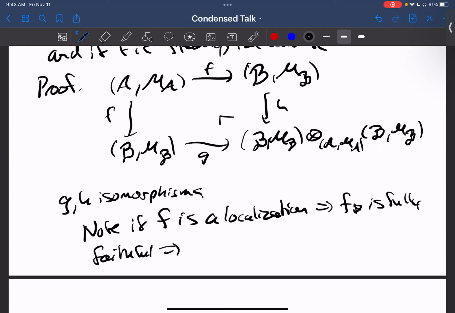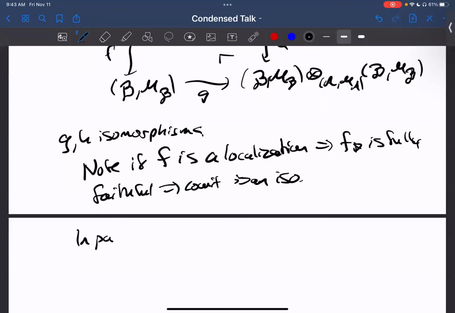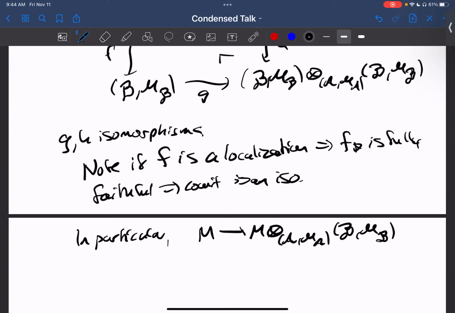This implies that the counit of the adjunction that this determines is an isomorphism. So in particular, the natural map from M to M tensor over A with B, as a B-module, is an isomorphism for all B modules M.